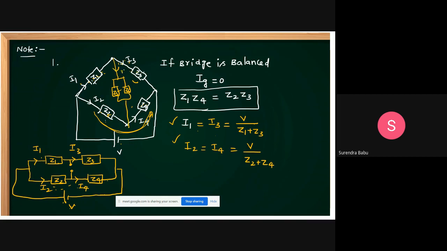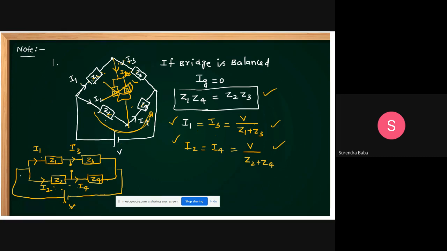If the bridge is balanced, the current through this branch is 0. Then there is no significance of that branch. Remove that branch, then apply these conditions. If the question asks for currents, you can calculate the currents. If it asks for the unknown element in this branch, you can find that also. Understand? Remember these points before solving the questions.